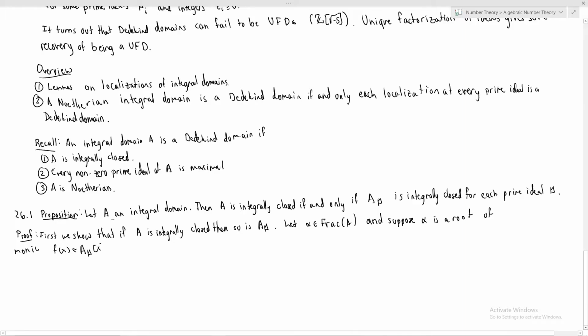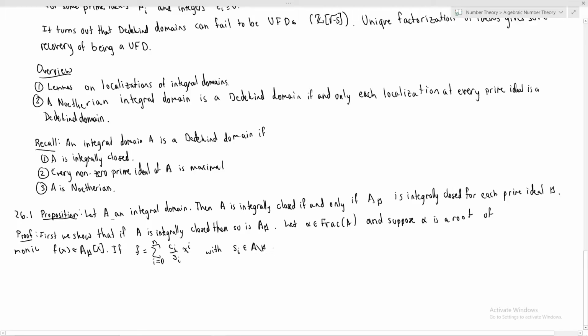We're just going to do this from scratch, basically. Say f is given by the sum of ci over si times x to the i, with the leading coefficient being 1, so all these ci over si are elements of A localized at P. This just means that these si's are not in P.